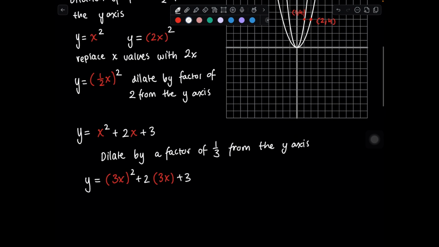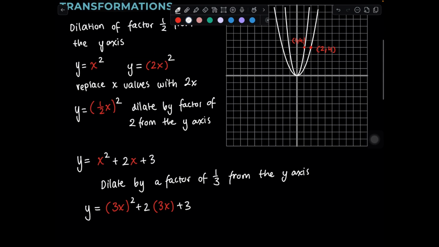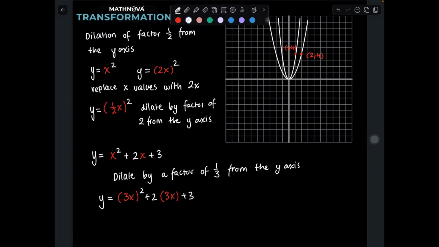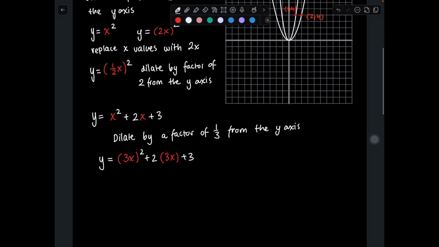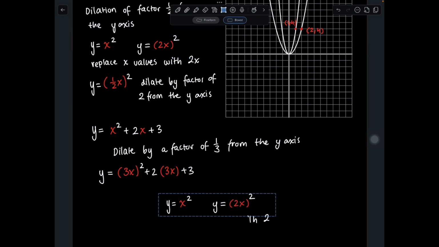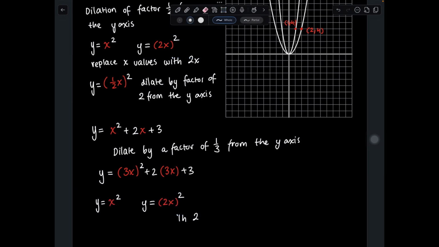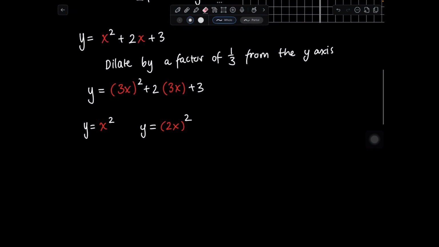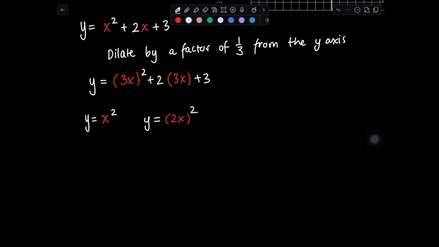And again, you may ask, why would you put in 2x when you want to dilate by a factor of a half? Shouldn't you put in a half x, right? Well, let's think of it like this again. So let's look at our example from up here. I'll copy it down here and I'll show you. So this is really similar to when we were moving it left and right. It delays the graph. So if I had x equals 2 here, that would give me y equals 4.